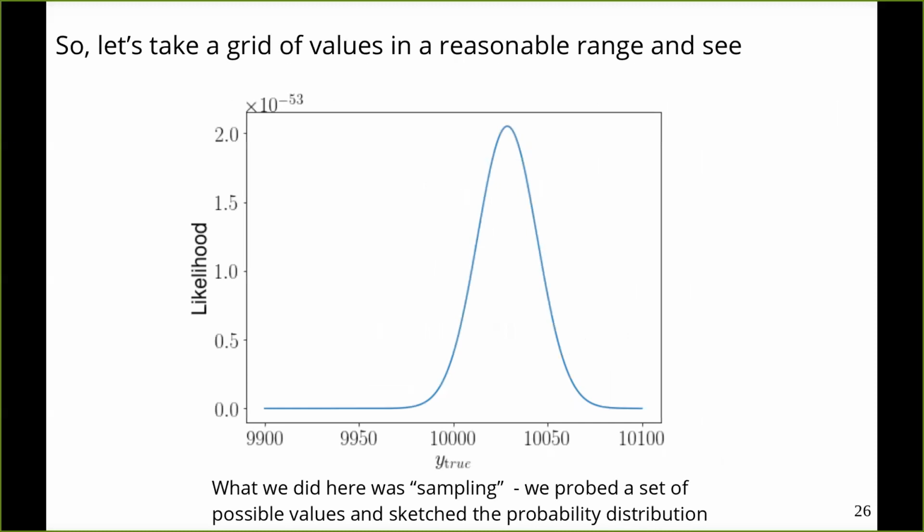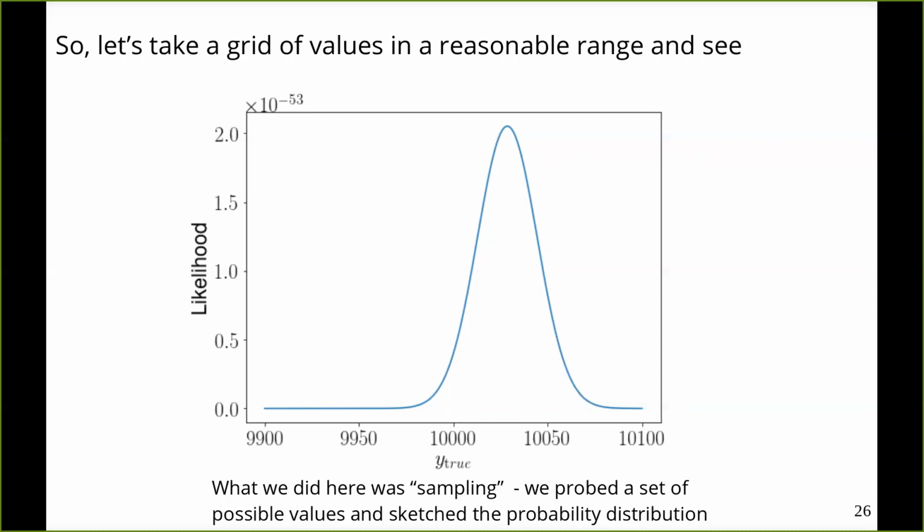Looking at this, let's say that we now have to bet whether 10,000 or 10,030 is the correct value. I would maybe have some arguments for betting on the value of 10,000 or 10,050 or 10,028 or something like that. However, if this distribution was much narrower, I would be much more confident in the value at the maximum, and I would be much less likely to bet that the true value is 10,000 or 10,050.